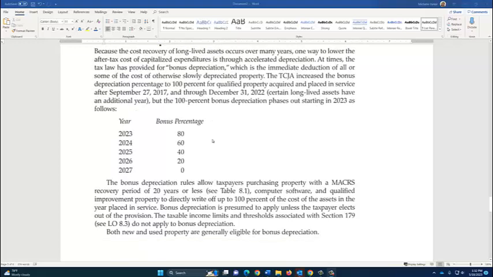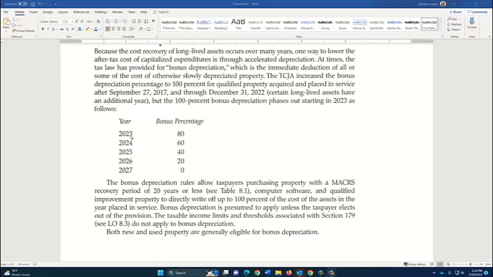So taxpayers typically now take the bonus depreciation. They don't worry about the Section 179 or going to the depreciation tables for their personal property when they can take the bonus depreciation and just go ahead and expense the cost of their asset.